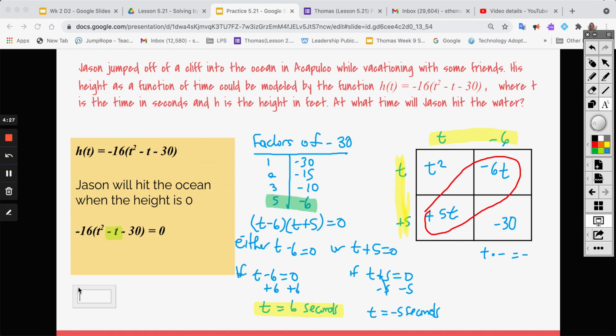Since time cannot be negative, we know Jason will hit the ocean in 6 seconds. And that would be our answer.